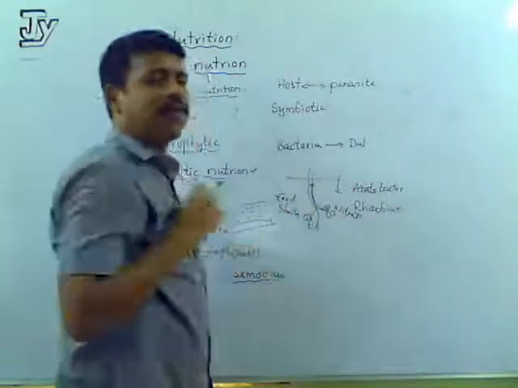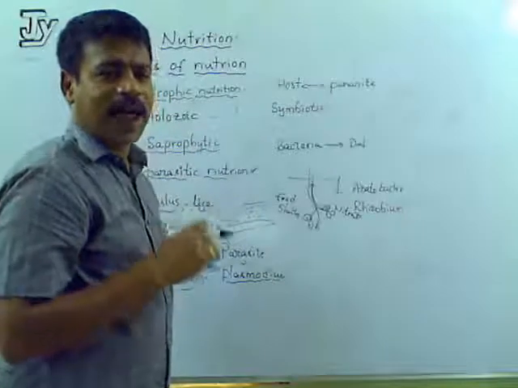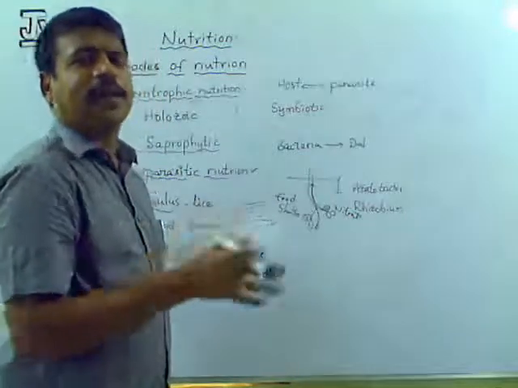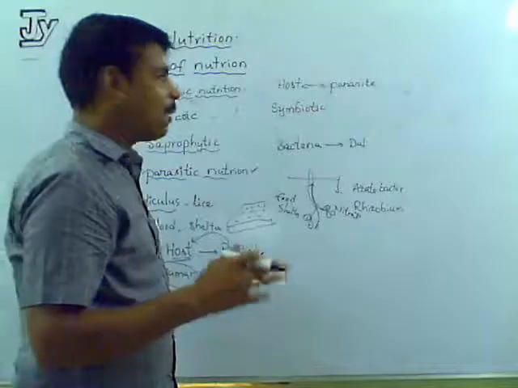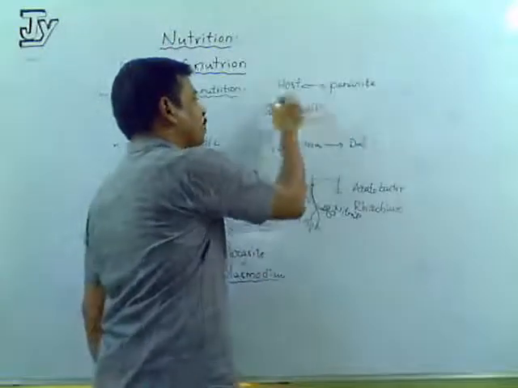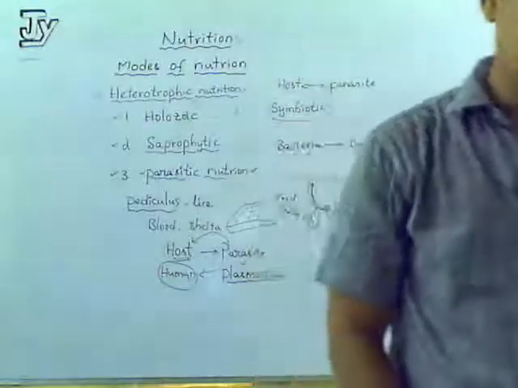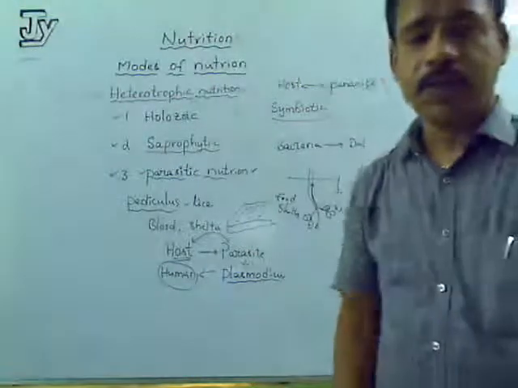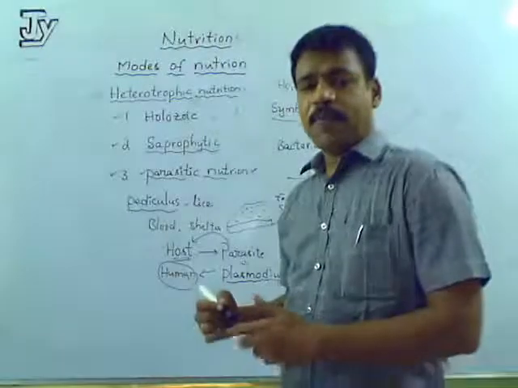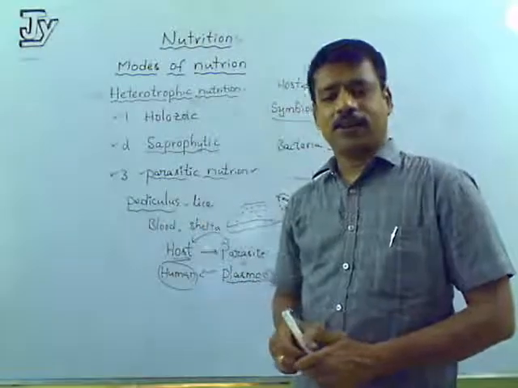So in this type of relation, both the plant and the bacteria get benefited. This type of relation is called symbiosis or a symbiotic relationship. Okay, students, I hope you understand this topic. Thank you.